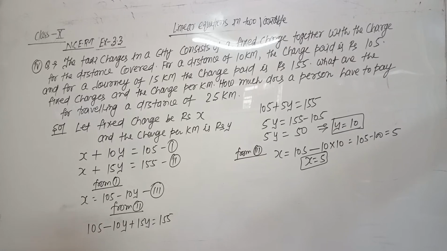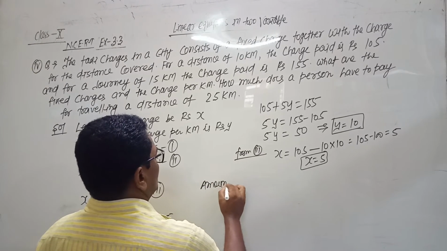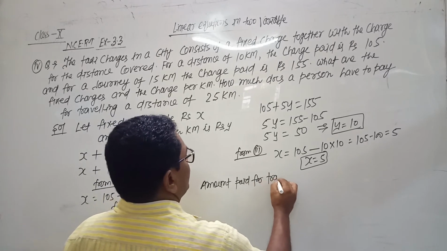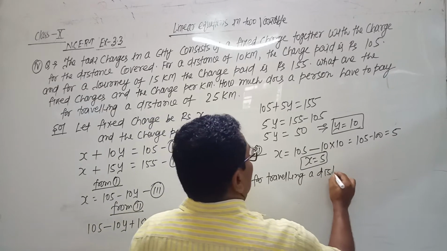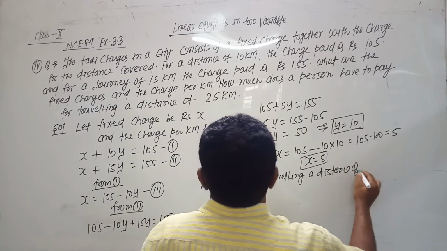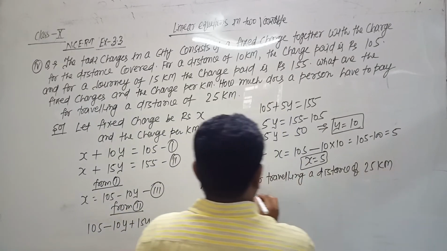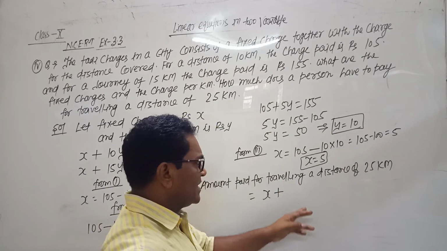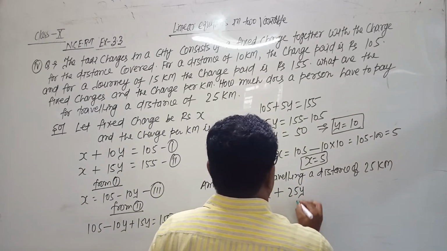So for traveling a distance of 25 km, the amount paid equals the fixed charge plus, for 1 km the charge is rupees Y, so for 25 km the charge is 25Y.